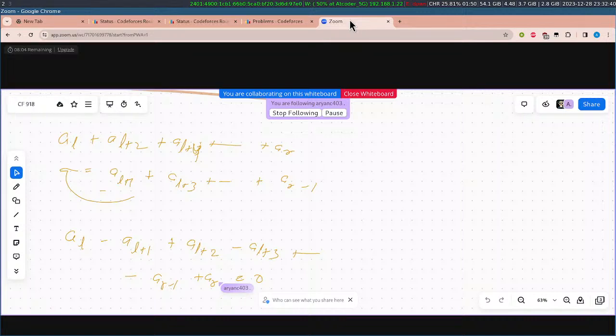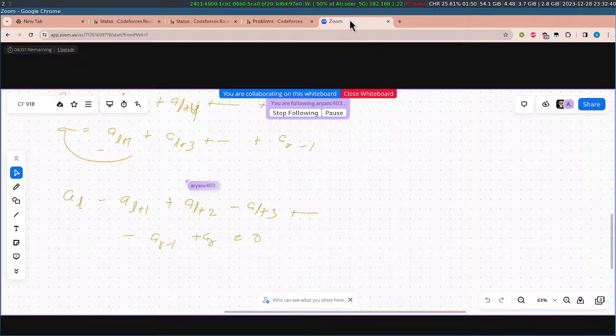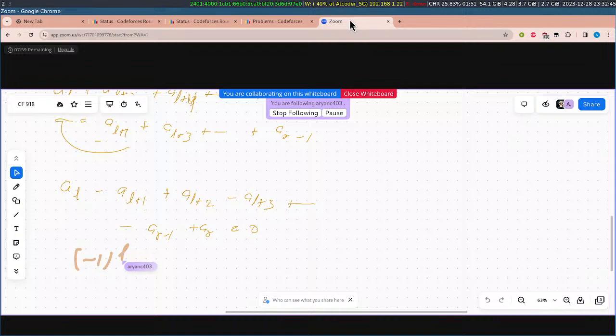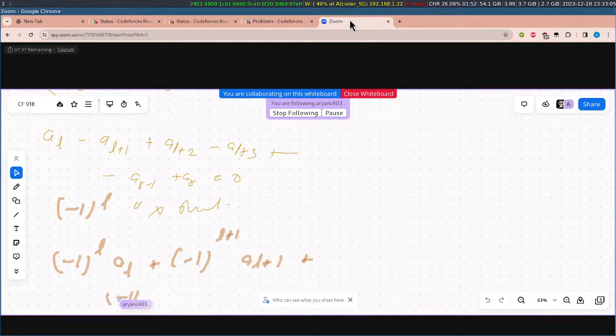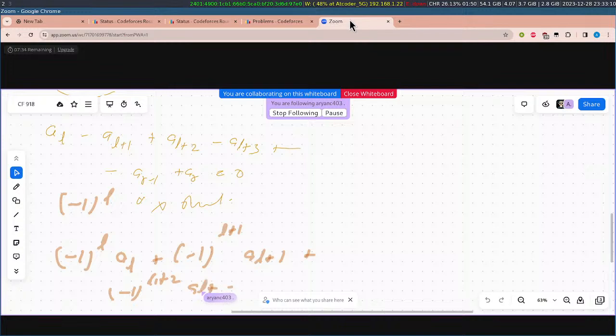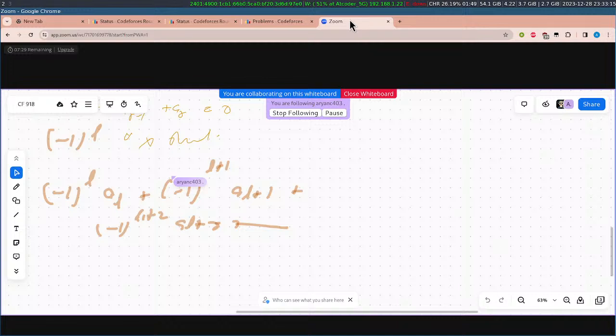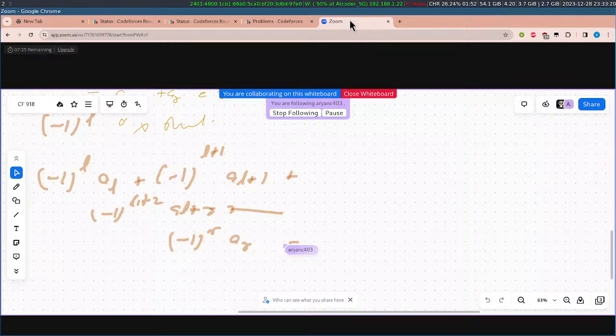We can also multiply this complete array by minus 1 to the power L, so that this becomes minus 1 to the power L, AL, plus minus 1 to the power L plus 1, AL plus 1, plus minus 1 to the power L plus 2, AL plus 2, and so on until minus 1 to the power R, AR equal to 0.